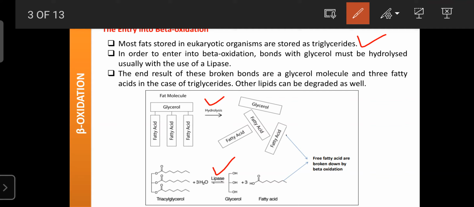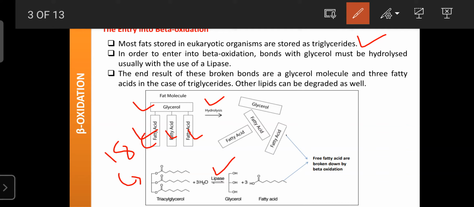The excess fatty acids are stored in the cells as triglyceride, and triglyceride is nothing but glycerol plus fatty acids. It consists of one molecule of glycerol and three molecules of fatty acids, and each fatty acid molecule can consist of 18 carbon atoms. In each beta oxidation cycle, two carbon atoms are cleaved or removed from the fatty acid.